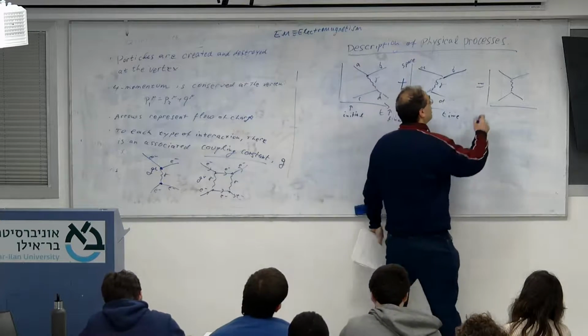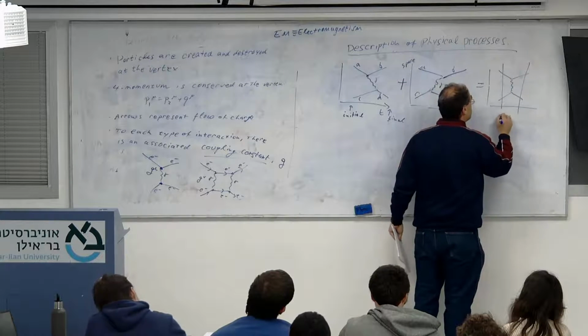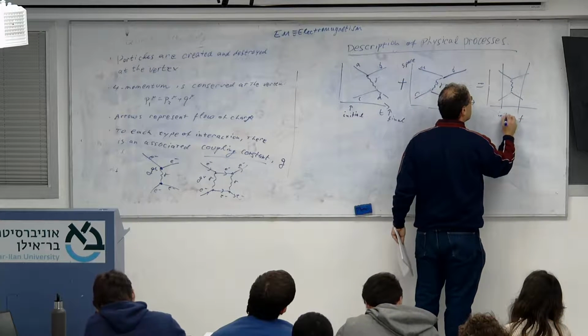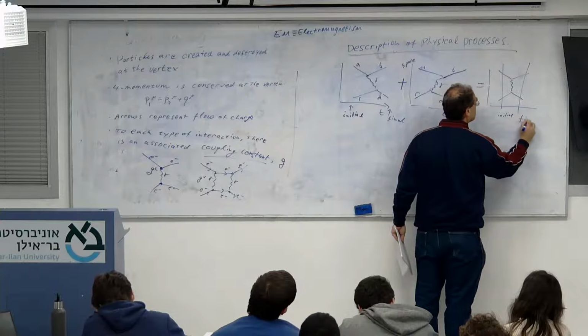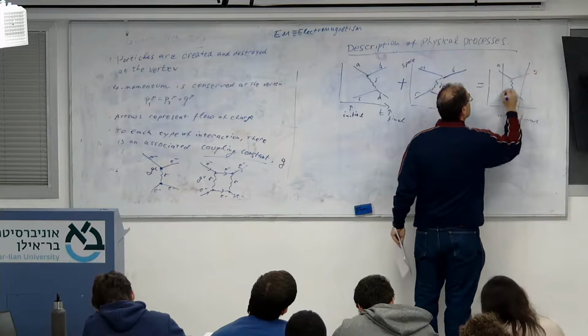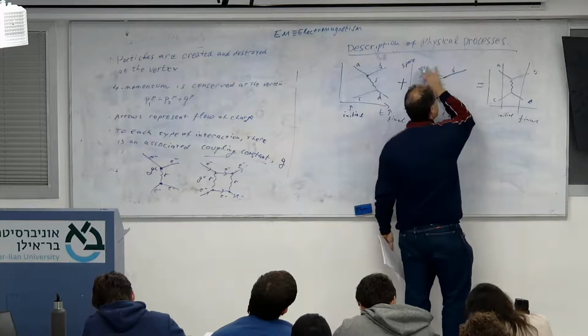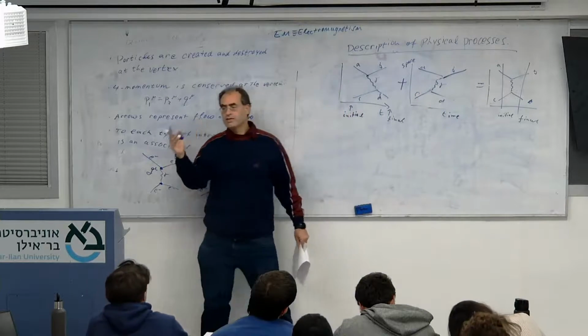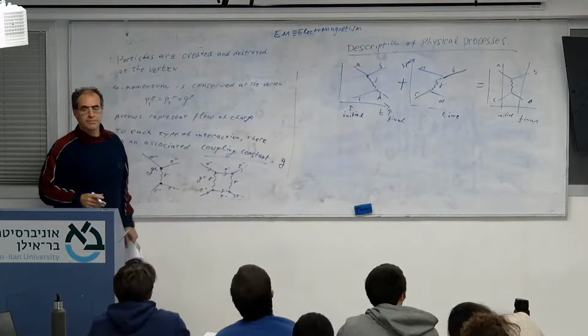Now, since I only care about the initial state, this is the initial, this is final. A, B, C, D, simply everything that is inside, anyway I sum over all of them, so I'll just write it like that.